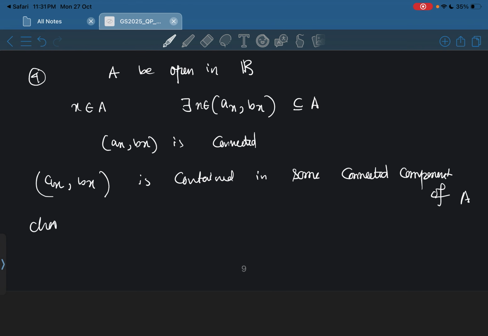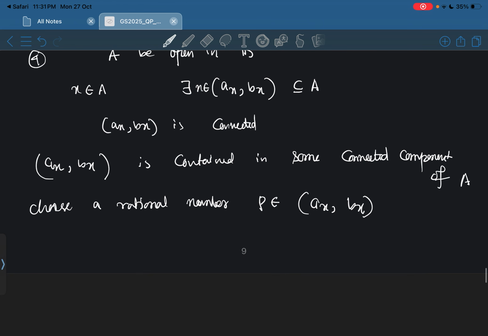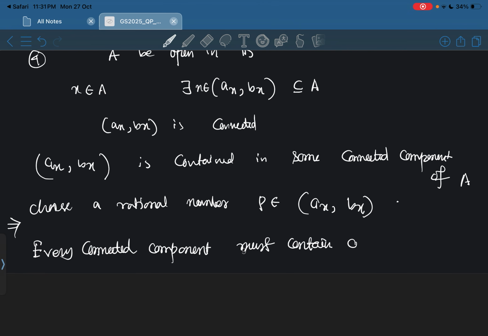So choose a rational number p inside this interval. So that is contained in some connected component. So what does it imply? This will imply every connected component must contain a rational number.